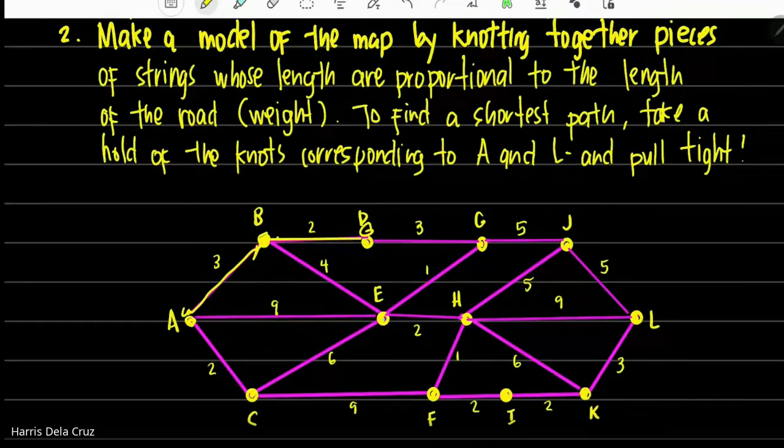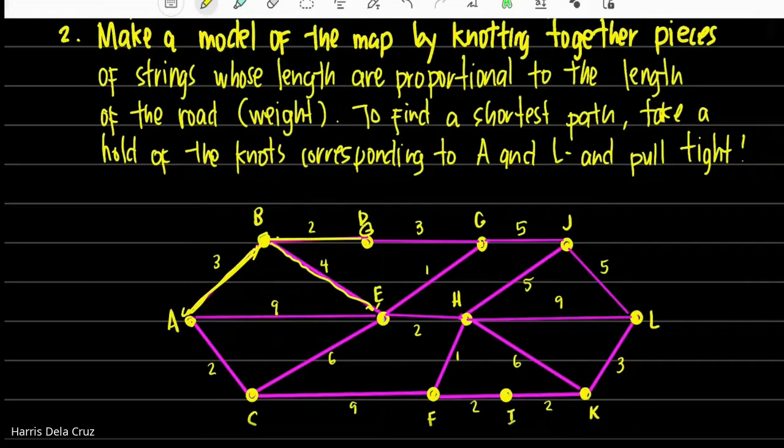Tapos yung isa, kukunin mo yung length na 4 cm, tapos inanot mo ulit. So, kumbaga, yung mga knot will be representing your town. Tapos yung length nung string from knot to knot, that will be the length of the road. Yeah. So, you now have a string representation nung graph natin.